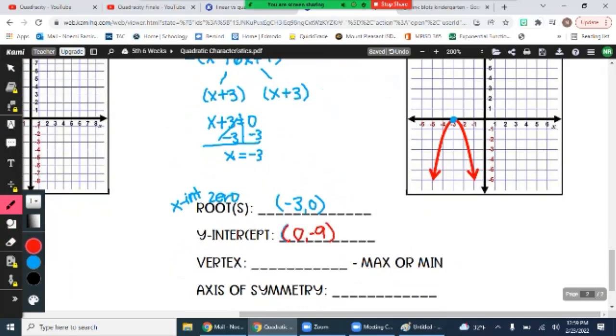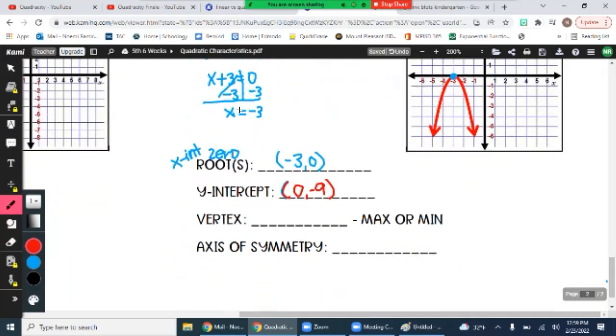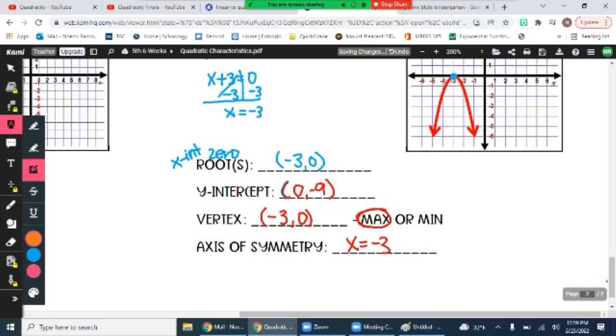Can I see the vertex? Yes. Is it a high or a low? Which makes it a maximum. And what is the ordered pair for it? I know for a fact that my axis of symmetry is going to go through it. So it should be x equals -3.